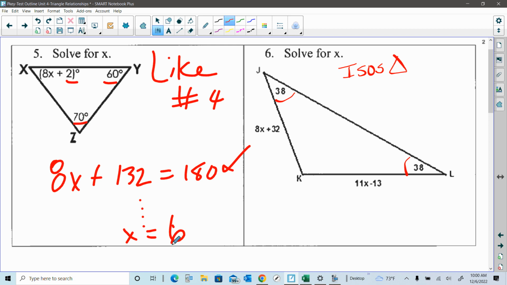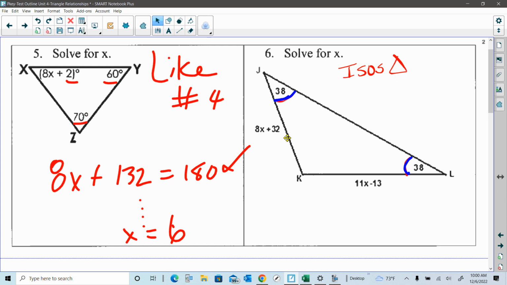On number 6, because they tell you the 38 and 38 are equal, we have an isosceles triangle, which means there's a tick mark, and that's one over here.